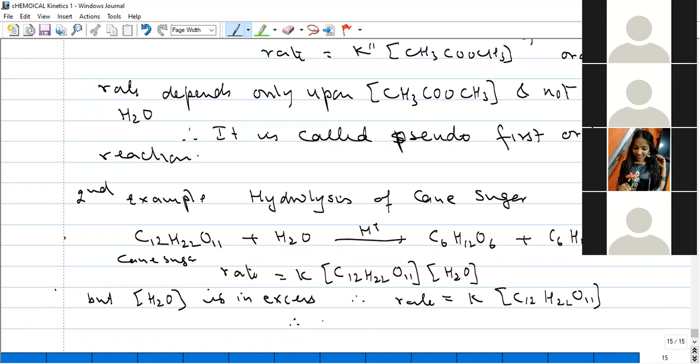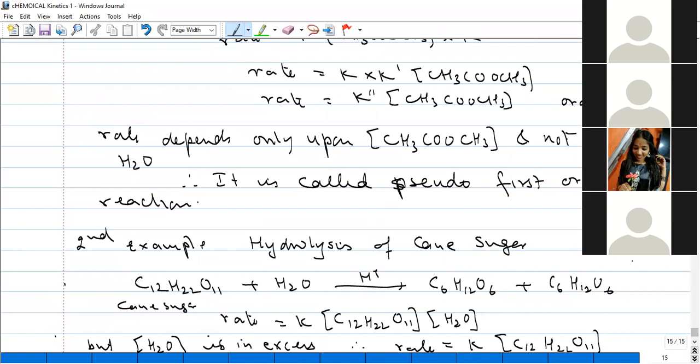It is a pseudo first order reaction. So this was the pseudo first order reaction. So we have completed the order of reaction.